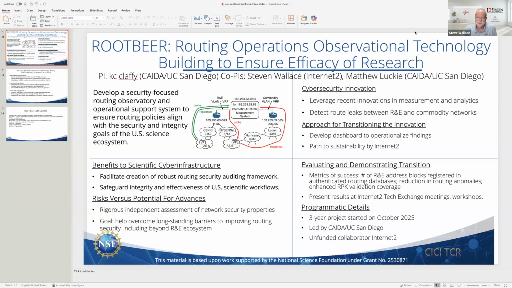And that infrastructure lags a bit the rest of the internet in terms of certain routing security metrics, and it also is, by design, particularly vulnerable to certain routing leaks that happen from time to time.